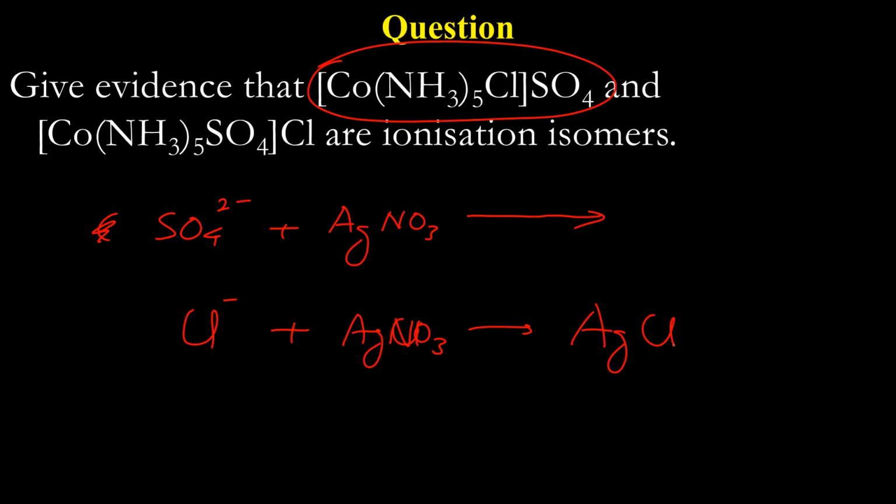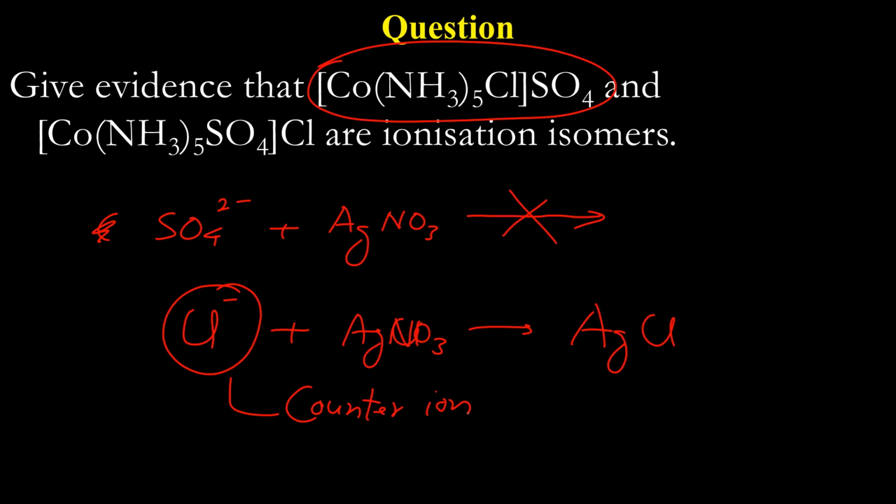So in this case, here no reaction, first case, and AgCl will be formed. So it will tell you that chlorine is the counter ion here. So you obtained, in the first case, SO4 is the counter ion. You got it? And in the second case, you got that actually Cl minus chlorine is the counter ion.